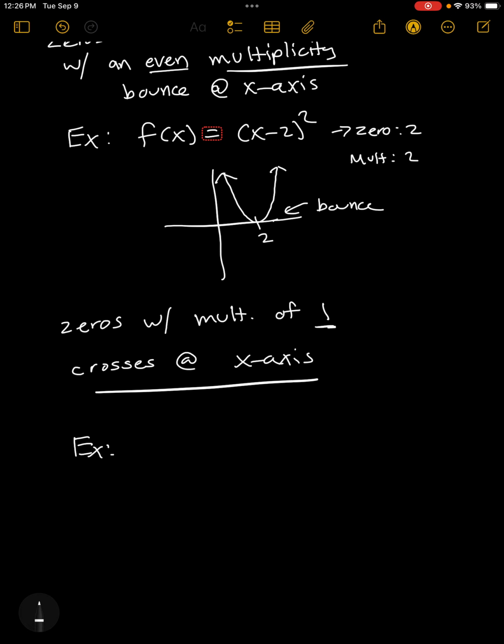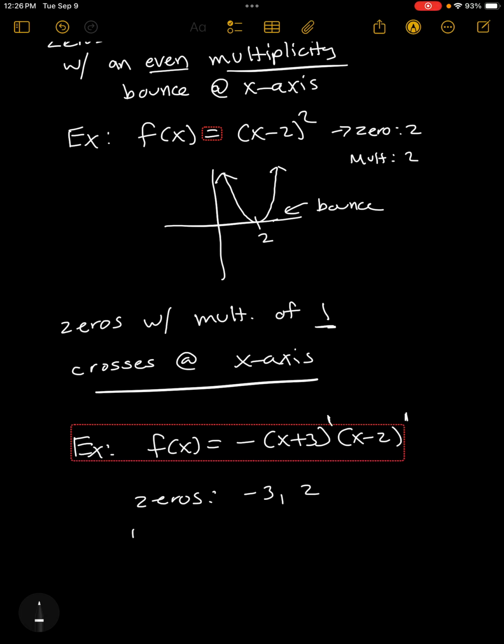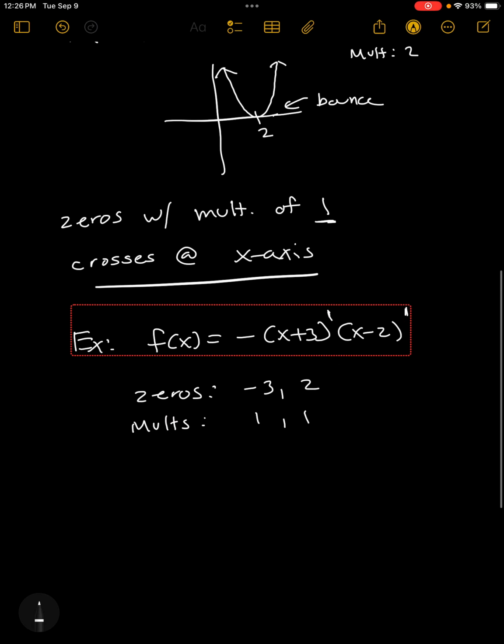If I were to ask you to calculate the zeros really quickly, you would say, Mrs. Zhu, the zeros are negative 3 and 2. And notice the multiplicities are 1. If I were to sketch this, it's just a parabola right here. Here's negative 3, here's 2. Remember, this parabola is going down, intercept form. I don't care about the vertex right now. I just want to show you that it crosses.